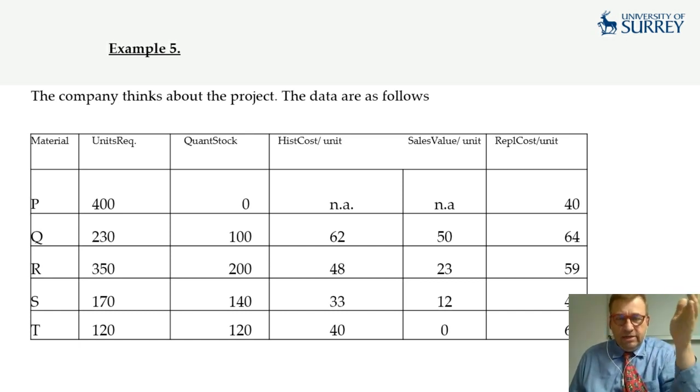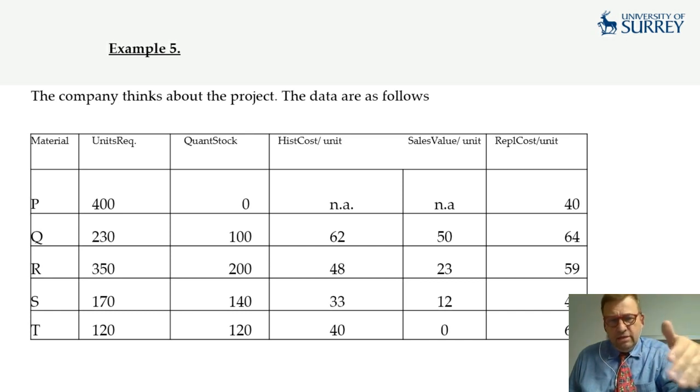I cannot check, but I believe that I'm not too fast or too slow. Then the next column is the historical cost per unit. I mean, at what price company bought it. And of course, if there is 0 in case of P, it's not available because there is nothing in stock. But in other cases, we do have 62, 48, 33, and 40.